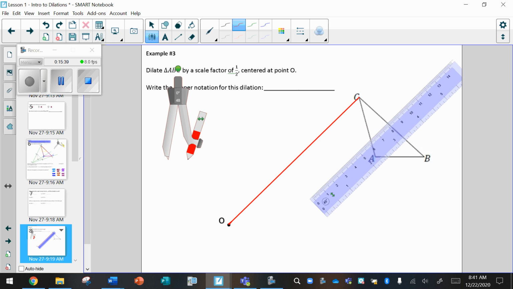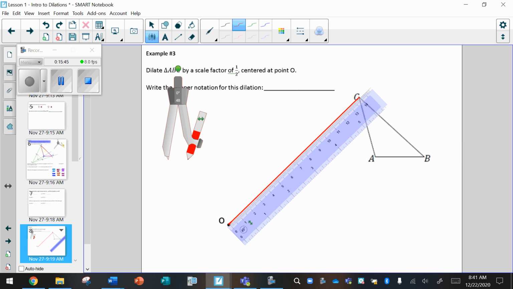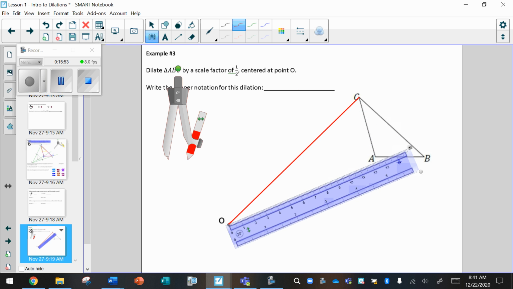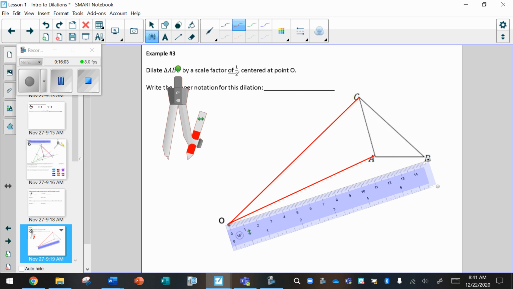So I connect O to C, and I'm going to bisect that segment to get the midpoint. Then I'm going to connect O to A and bisect that segment to get another midpoint. And then same thing with O to B, bisect that to get a third midpoint. The three midpoints would be the three vertices of the triangle that is now dilated by a scale factor of 1/2.